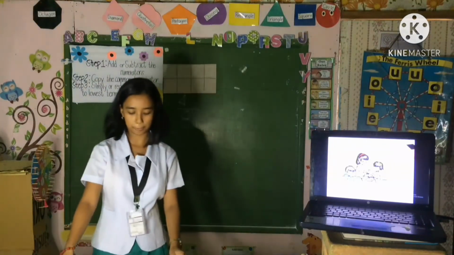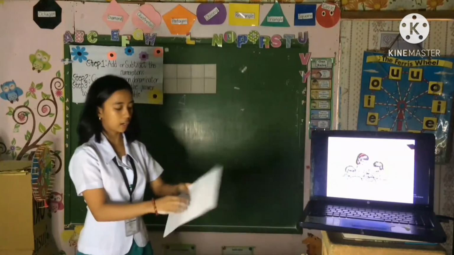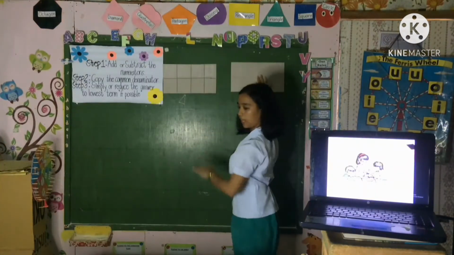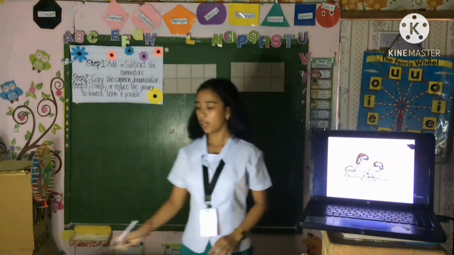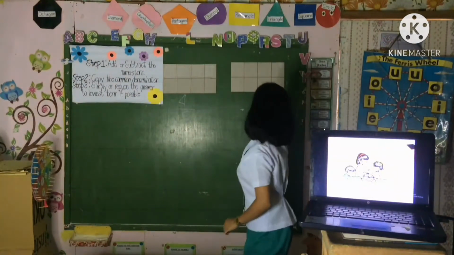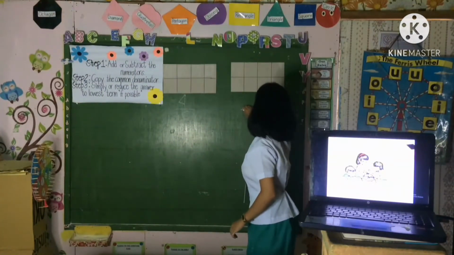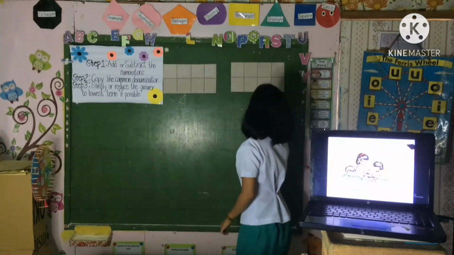And next, I have here a whole rectangle again. Okay, class, I will divide it into 8 equal parts again. In 8 equal parts, what is the denominator of this whole rectangle? Very good, it is 8.